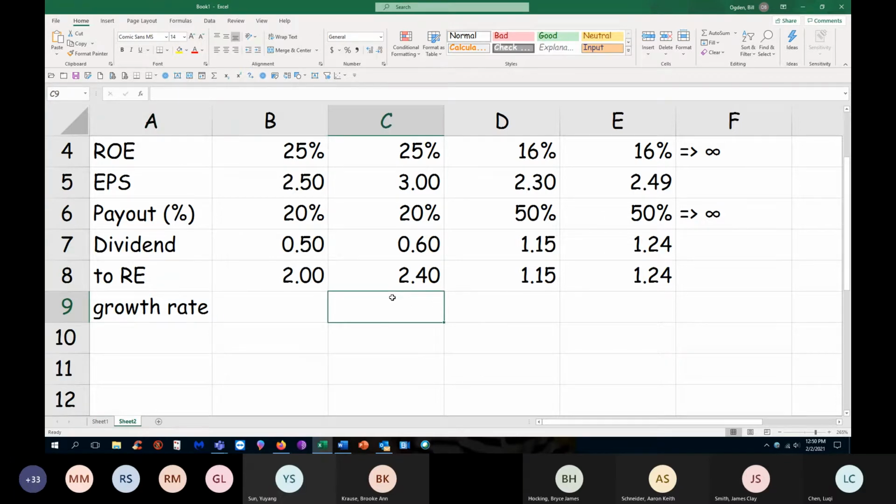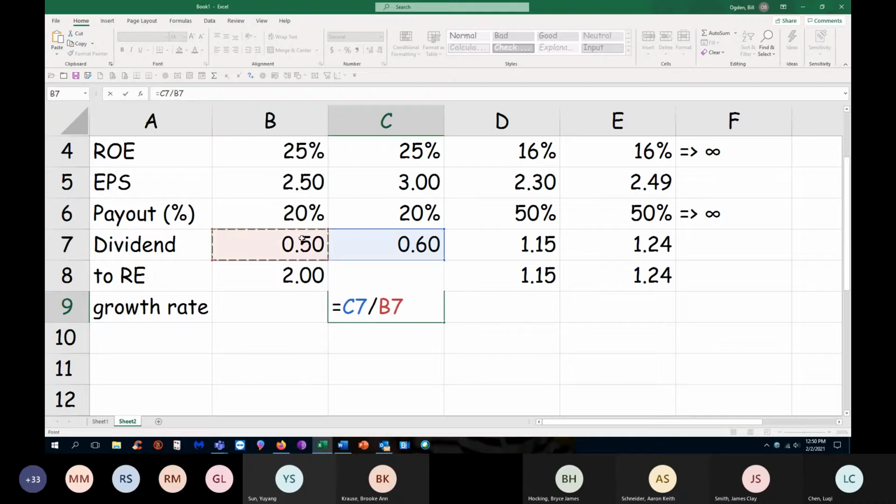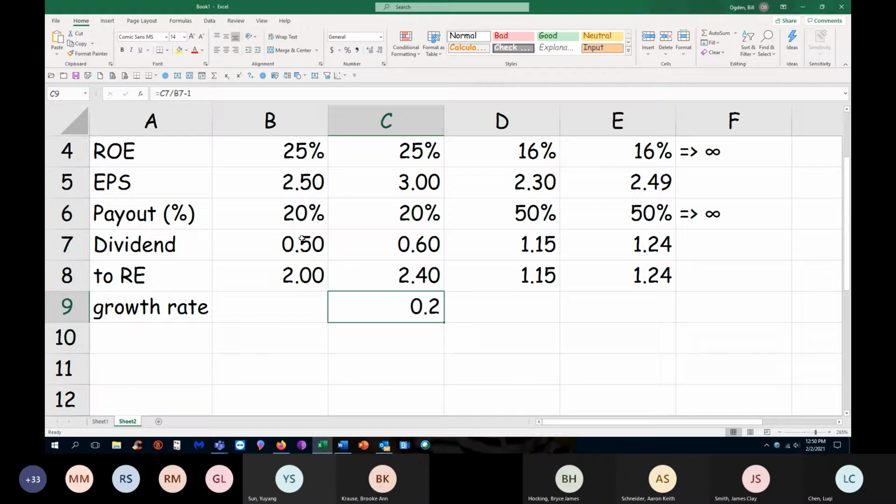Okay, so if you take the ending value, so it grew from 50 cents to 60, take the ending value, divide it by the beginning value, and subtract 1, you have a growth rate. Okay, and let's change that to a percent if we could.